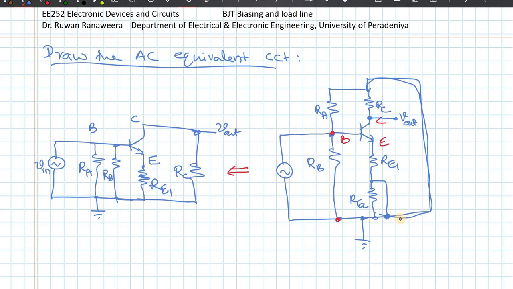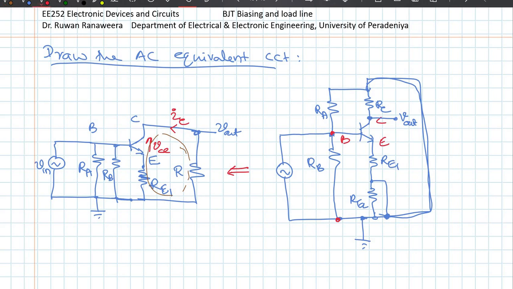Now to draw the AC load line, similar to what we did in the DC case, what we need is an expression between VCE, which is this. Now notice that I have used all simple letters to indicate that this is a purely AC signal, and the IC. Let me mark it as this. Okay, VCE, IC. So in order to obtain an expression for VCE and IC, I need to apply Kirchhoff's voltage law across the output loop like that. So this is IC.